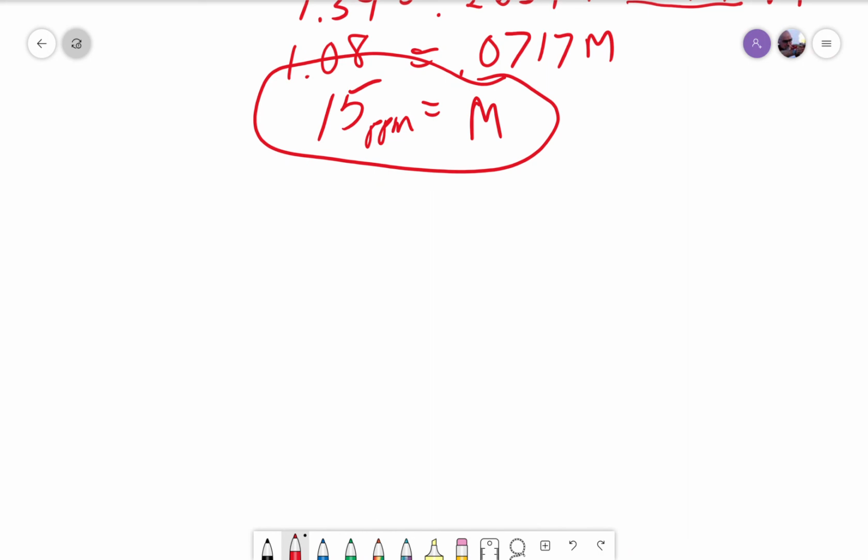Now I just need to go back and substitute that back into my other equation, where C equals 13.0 minus 0.130 times 15. Oops, sorry, we'll slip the decimal point there.